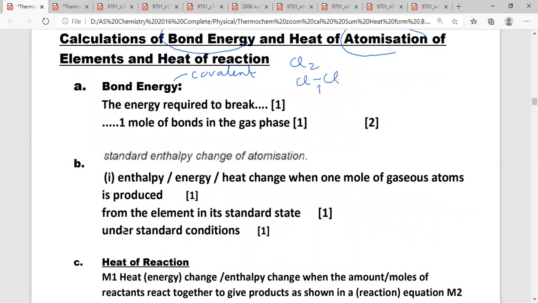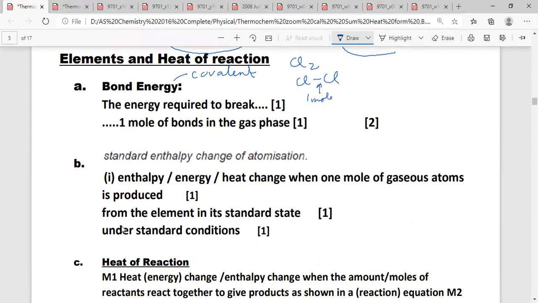So this is called 1 mole of covalent bond of chlorine. Cl2 is 1 mole, say 1 mole of bonds. And it's always to break. To break means that you require energy, so it's always endothermic, always positive.